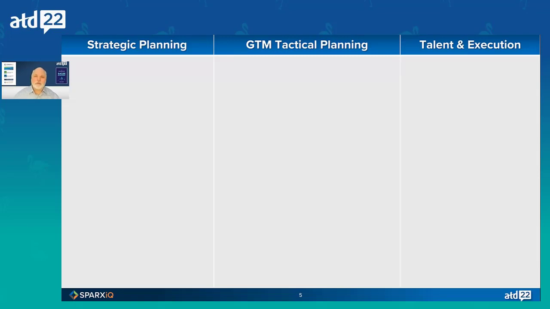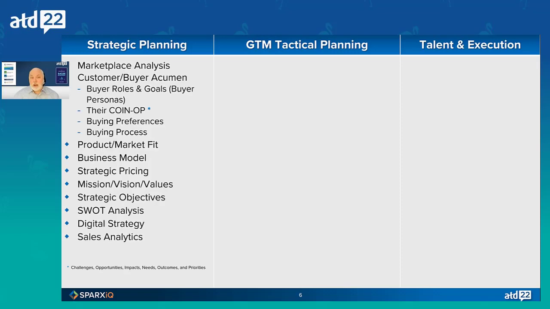I put these things in three big buckets, or in this case, three columns: strategic planning, go-to-market tactical planning, and talent and execution. Now, if you look on the left here, we've got things like marketplace analysis, your customer and buyer acumen, their roles and goals and personas. And we're going to get into all of that in the buyer acumen section, but also things like product market fit. What's your business model?